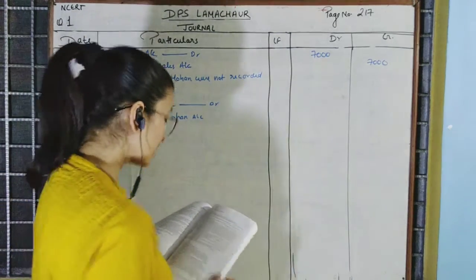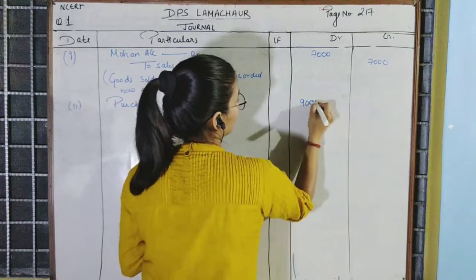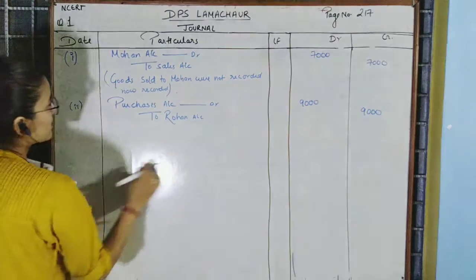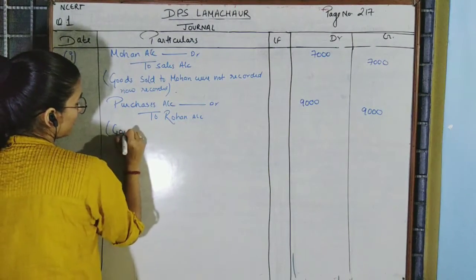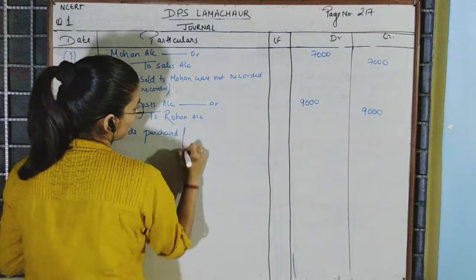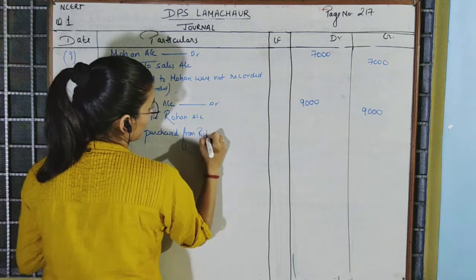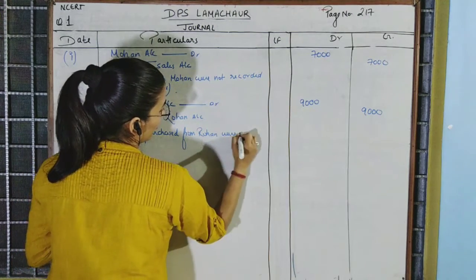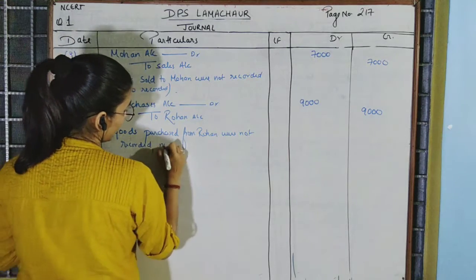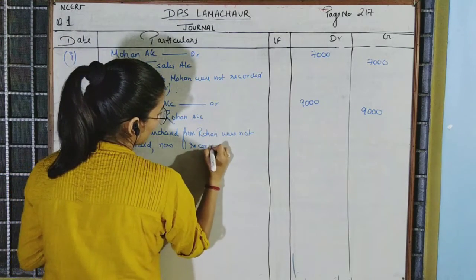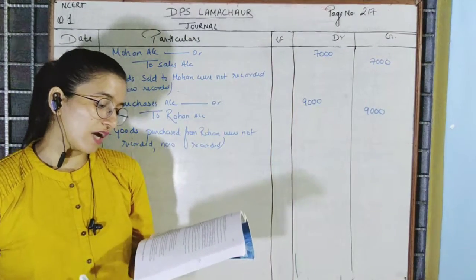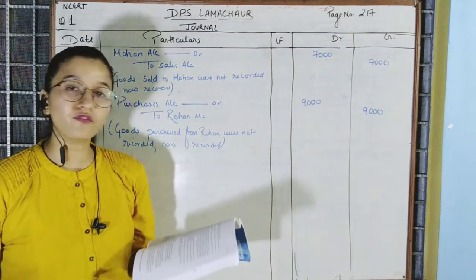And the amount is 9,000. Now narration for this transaction will be goods purchased from Rohan were not recorded, now recorded.